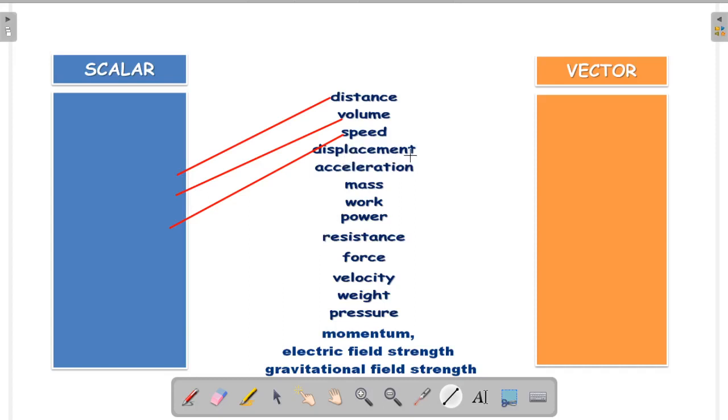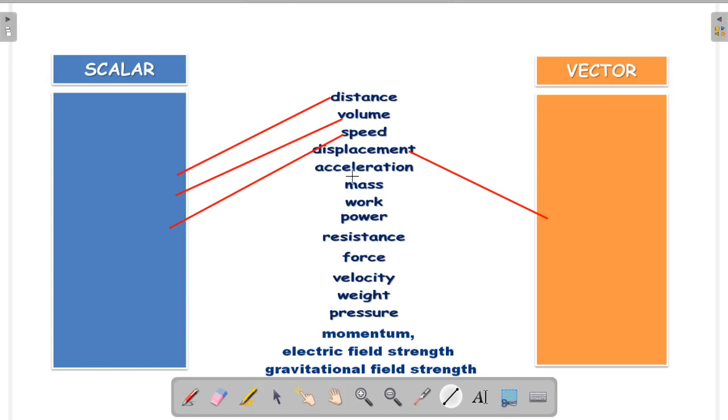It has no direction. There is another quantity, displacement. The total distance moved by an object along a particular direction is called a displacement. So displacement has a magnitude and direction. For this reason, displacement is a vector quantity.